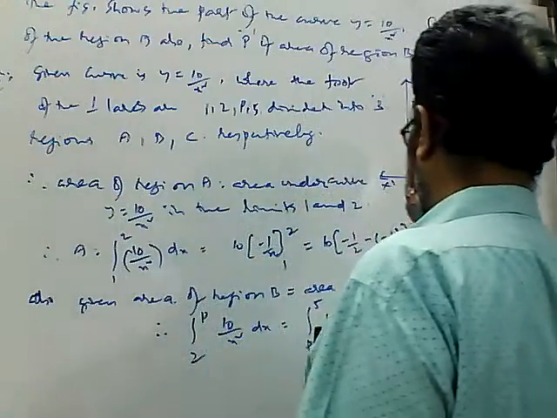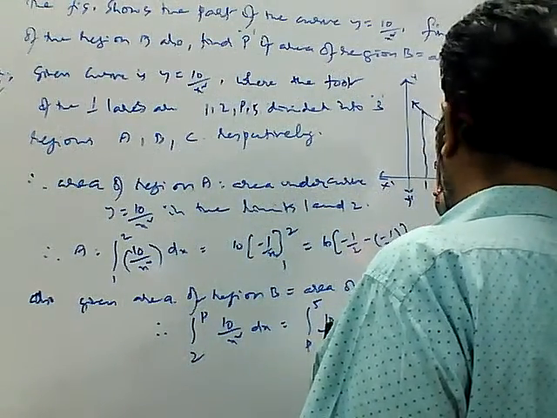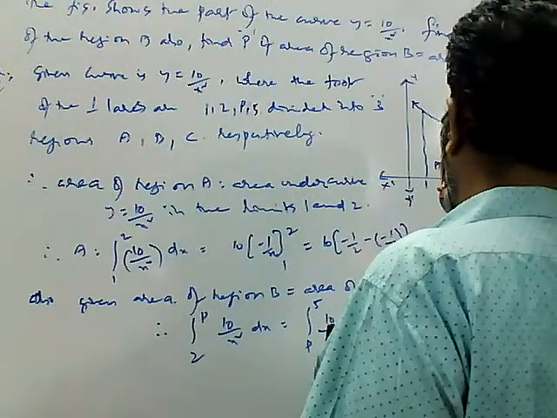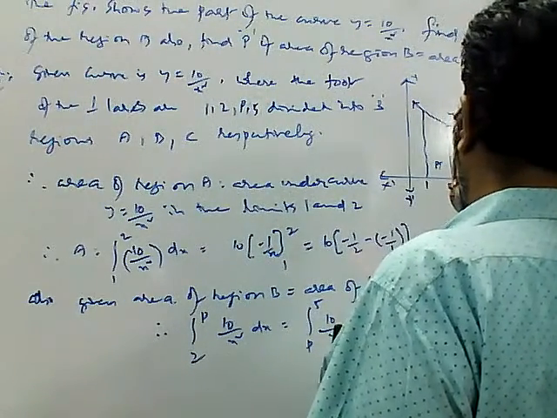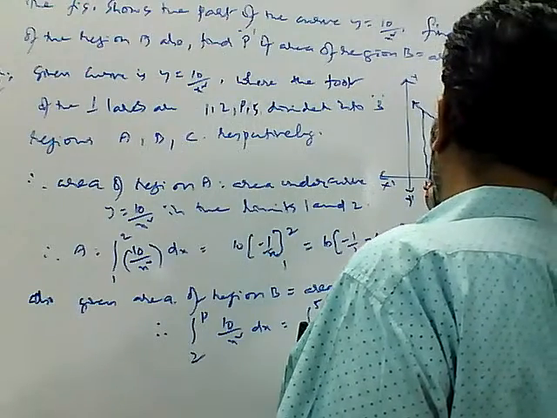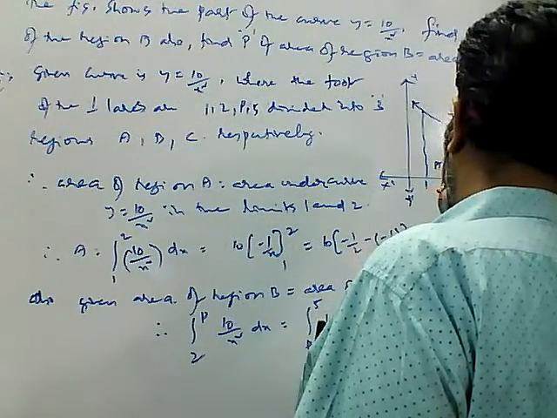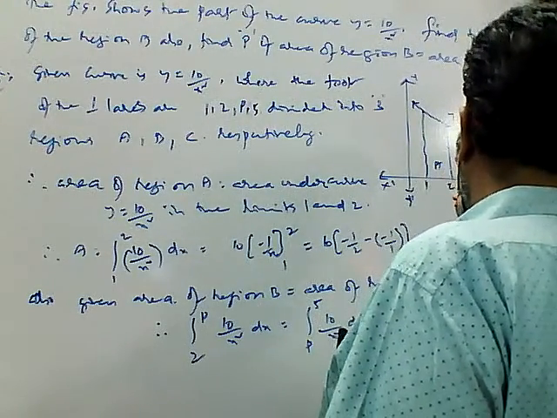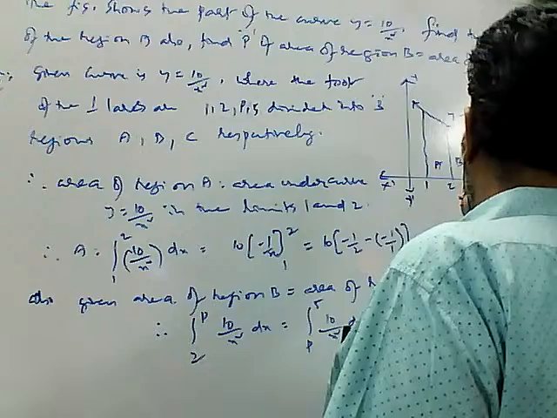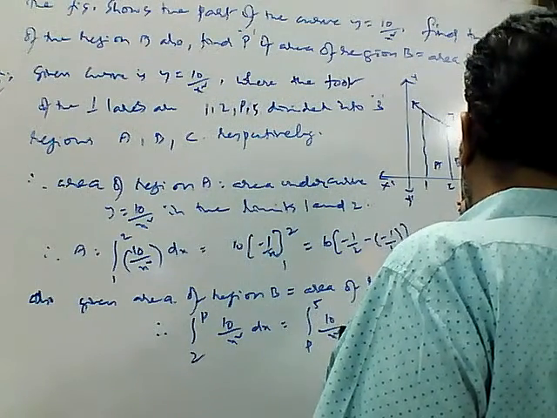This is equal to 10 into minus 1 by x from 2 to p, equal to 10 into minus 1 by x from p to 5. That is minus 1 by p plus 1 by 2 is equal to minus 1 by 5 plus 1 by p.